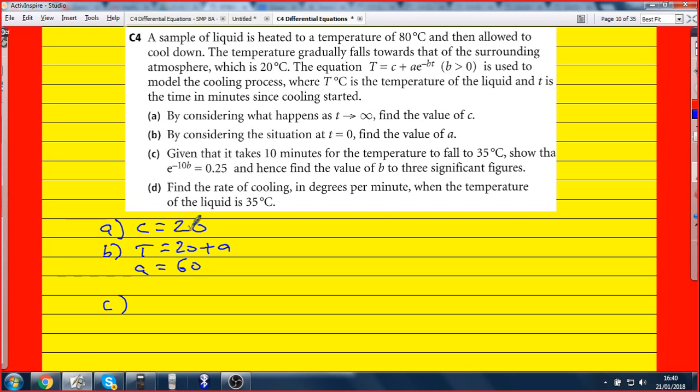How did you get 45? What does the big T, temperature, the big T stand for? Is used to model. Yeah. So the temperature is big T not 35?